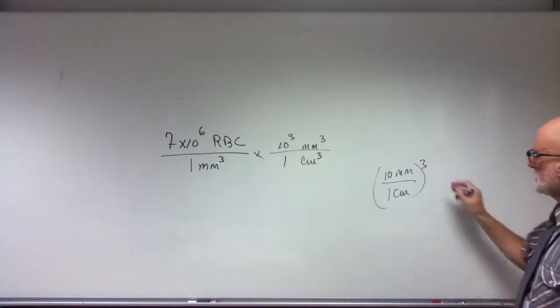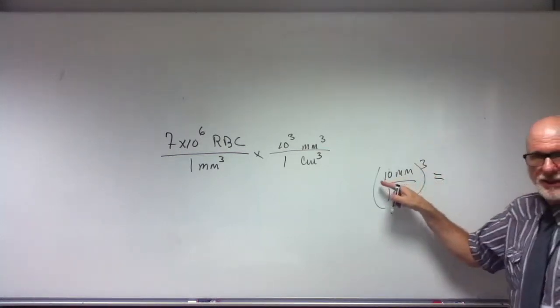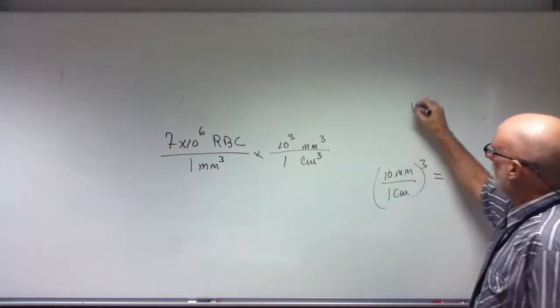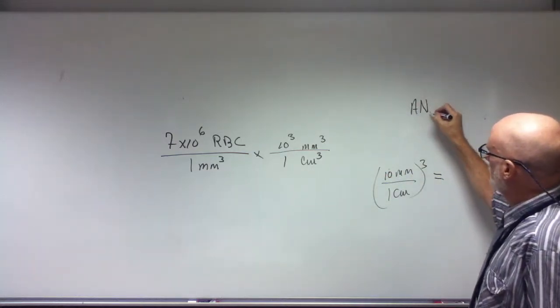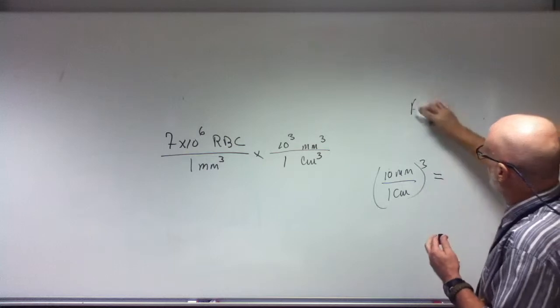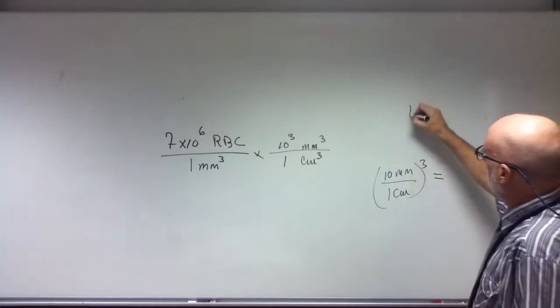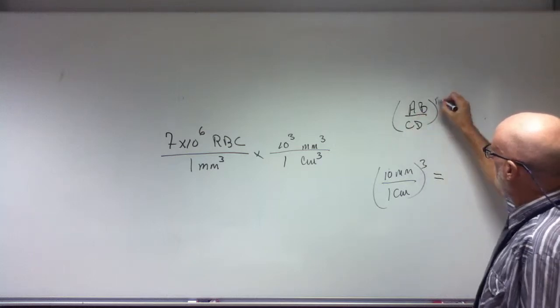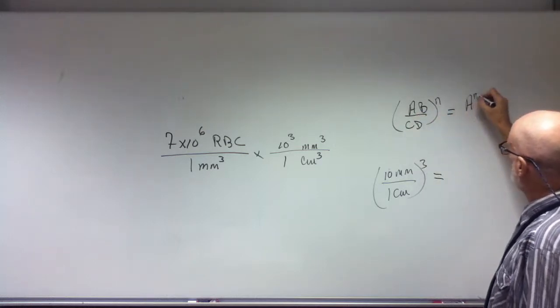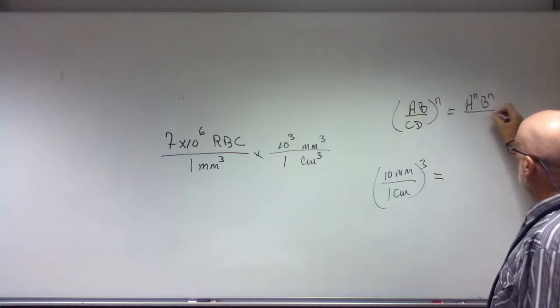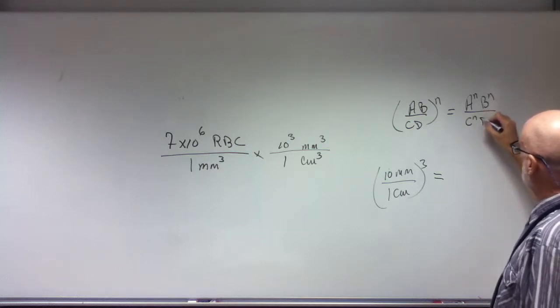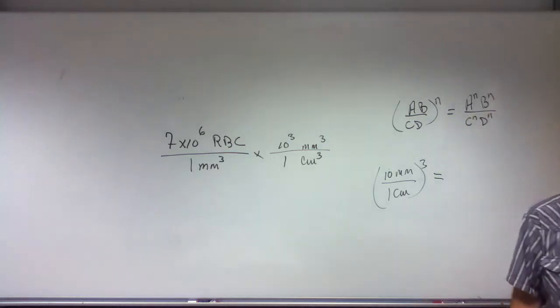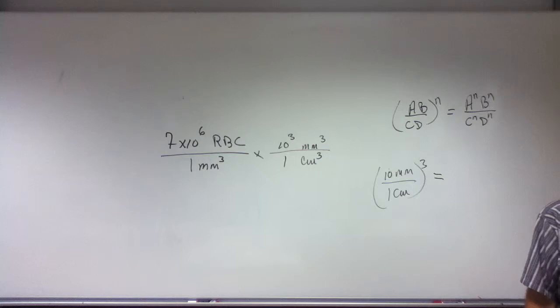What I did was I distributed this, right? A B over C D raised to the n equals A to the n, B to the n, C to the n, D to the n. Yes?